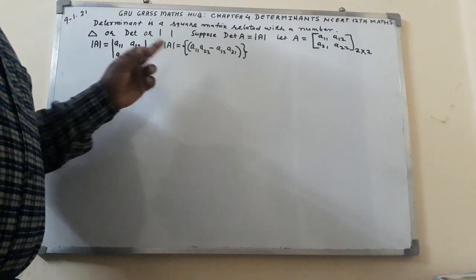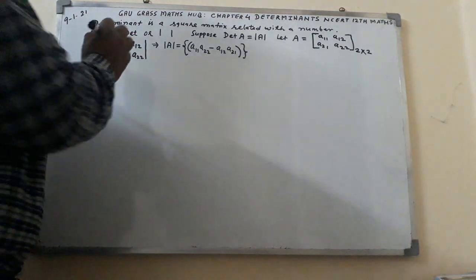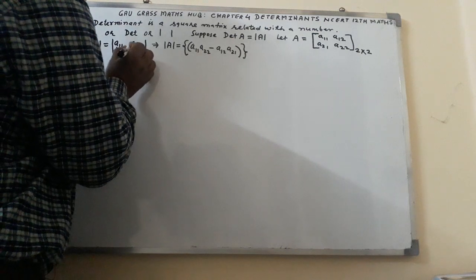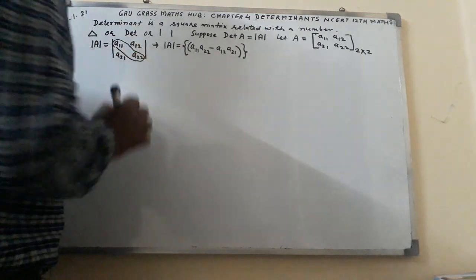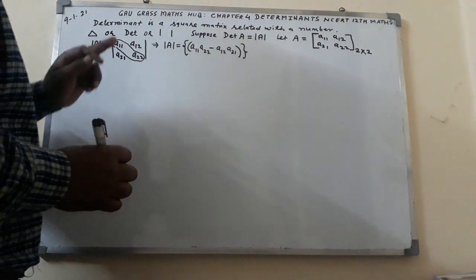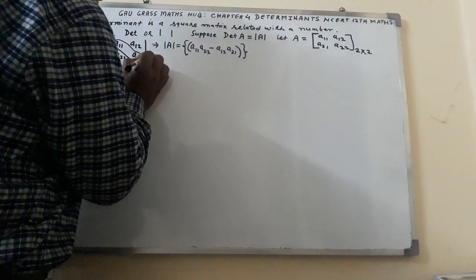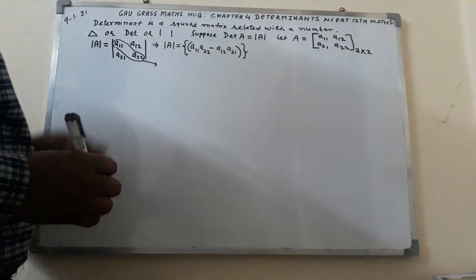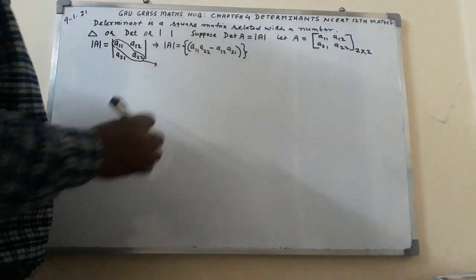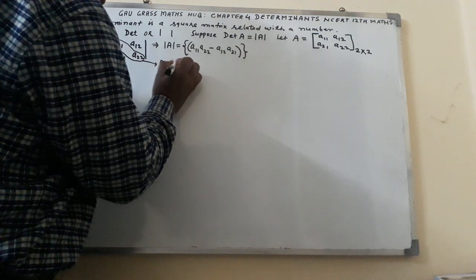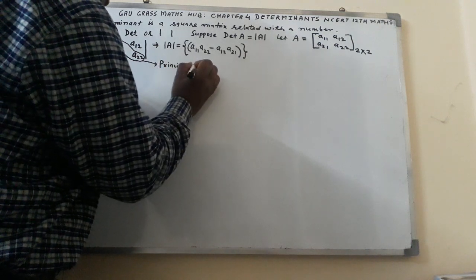A11, A22 is known as the principal diagonal.